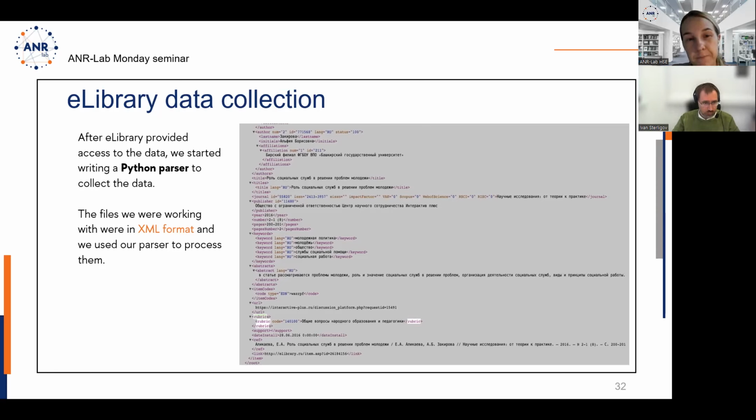So we decided that we would go for all the information which is possible to get, even though we were initially interested in collaboration practices and co-authorship, but we also took keywords and information about grants and so on. So everything which we were able to get.